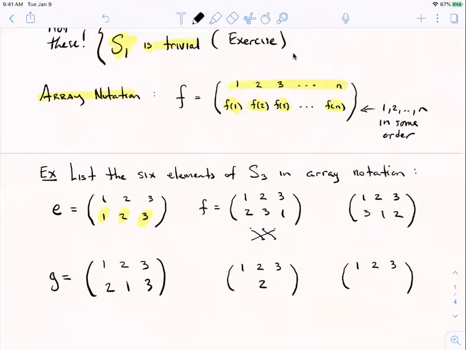There's the permutation that interchanges 1 and 3 and fixes 2. And there's the permutation that fixes 1 and interchanges 2 and 3. You can stop the video and try to count, but I've got 6 different permutations here. I know 3 factorial is equal to 6, so I know I've got all of them. All right, so there are the 6 elements of S3 in array notation.